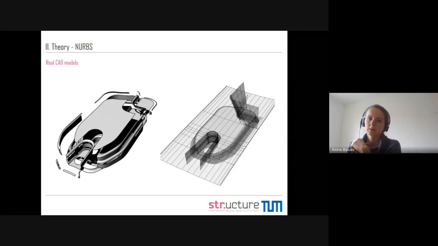So, as I already told you, for the solid, there are no real solids in CAD, so what is used there is like a surface model consisting of several surfaces, and those surfaces are also trimmed, so we need to be able to deal with that with the isogeometric analysis as well.